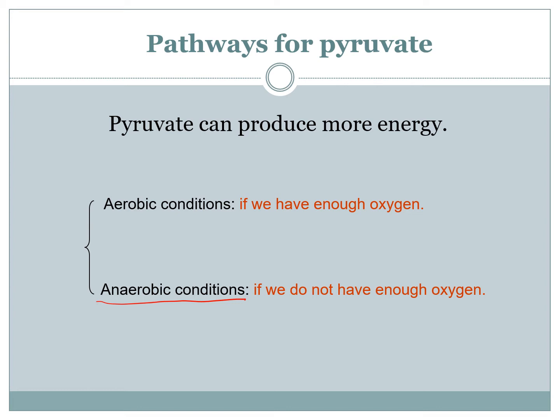If you use the aerobic side of the house, this is slow and methodical, but it produces a lot more ATP, and it also doesn't produce any byproducts that make the body have to stop, which means it can happen all the time, all day, day and night, non-stop.